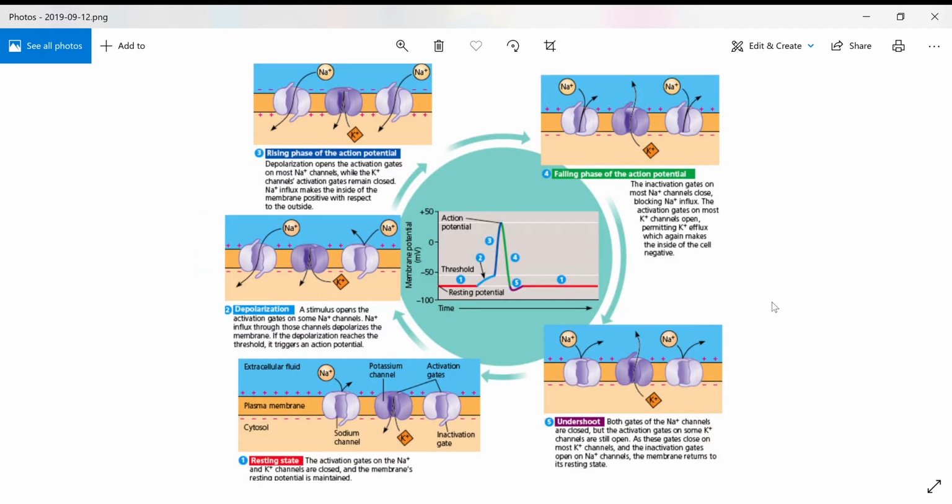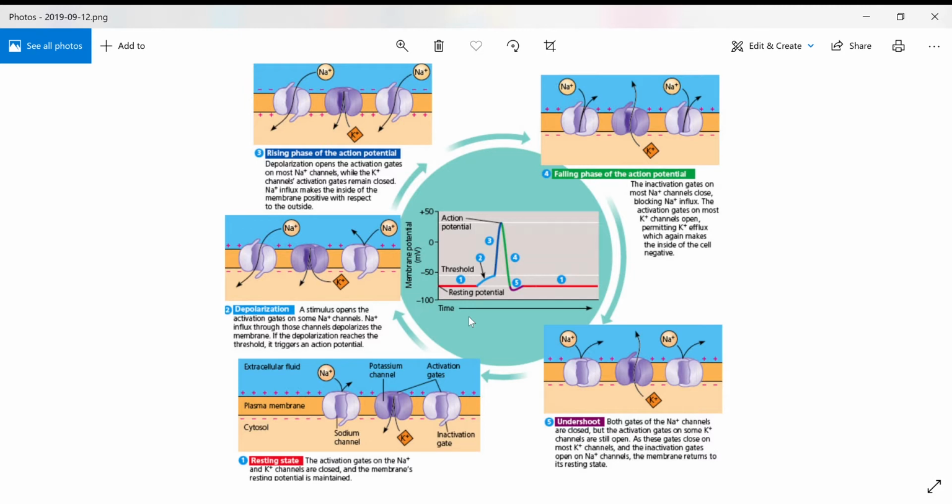So the actual chemical way that action potentials are produced is a little complicated, but I think it's very interesting. The resting potential of a neuron is negative 70 millivolts, and this is a constant negative 70.